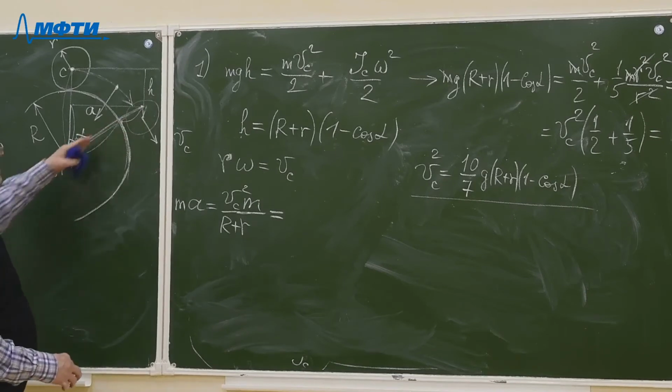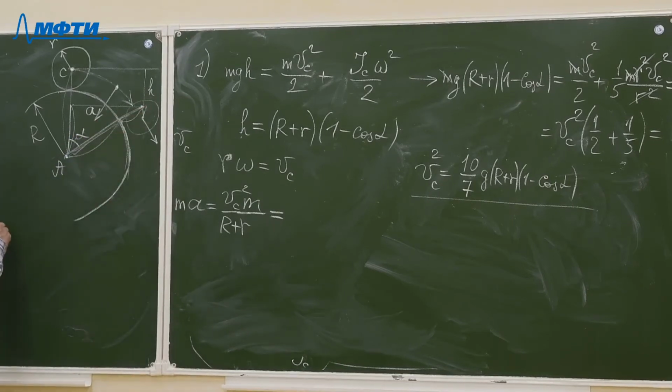What force acts in this direction? I will draw it separately. So this is the sphere, and this is the force of gravity, mg, and also there is a force of reaction from the surface. Whatever the force of reaction from the surface is, we can always decompose this unknown force into two components.